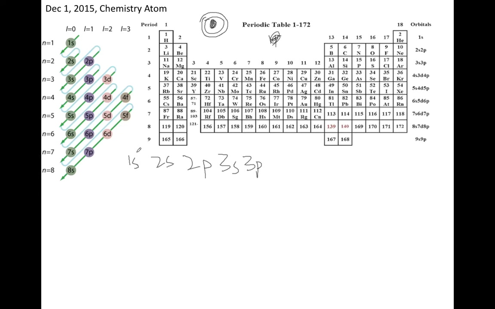1s, the first subshell on the first energy level, which is in the shape of an s orbital, can take 2 electrons. The second energy level, the first subshell on the second energy level, also in an S shape, can take 2 electrons.